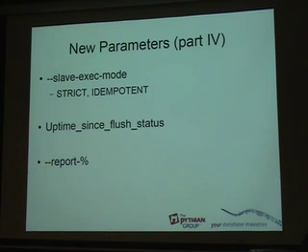Slave exec mode. This is mostly for row-based replication, or at least it's an error that came up with row-based replication. You can use it with any slave, whether it's row-based or not. It's used when you're error checking or doing replication conflict resolution, is what it says in the manual.